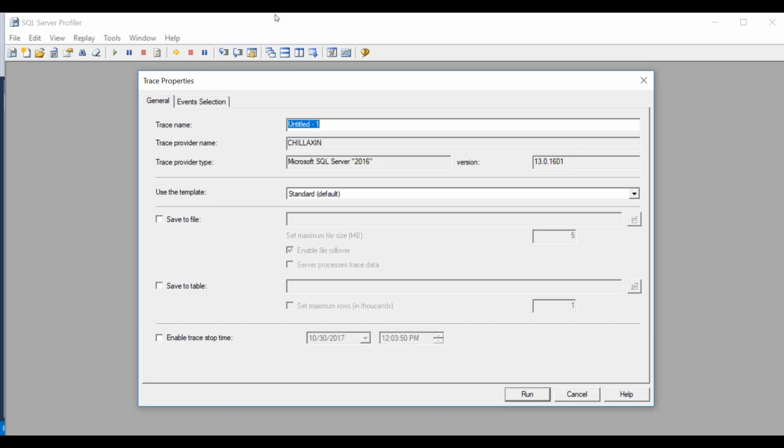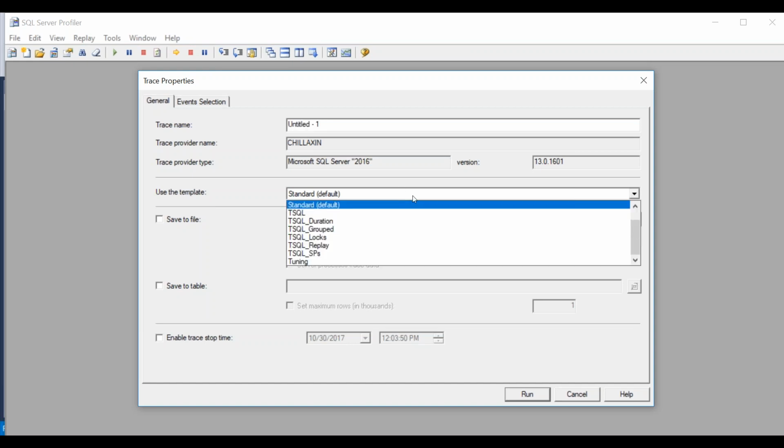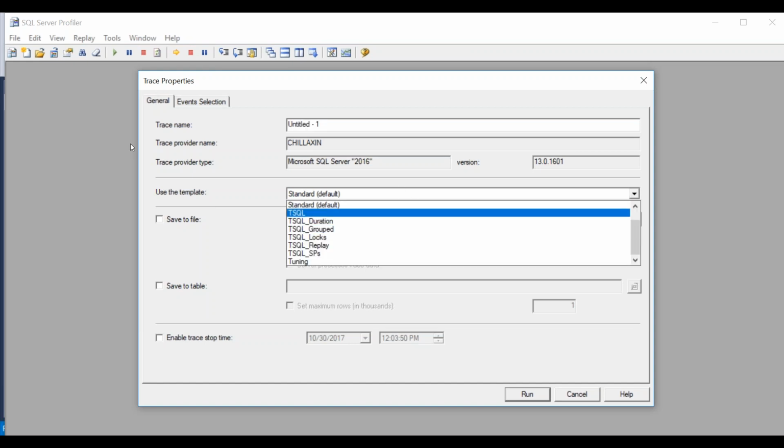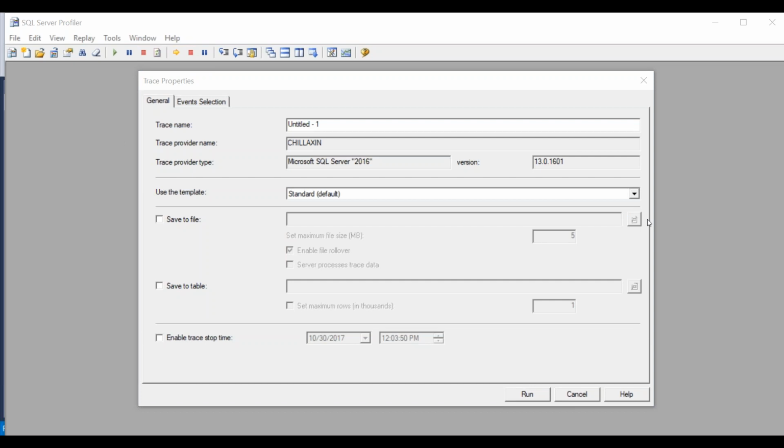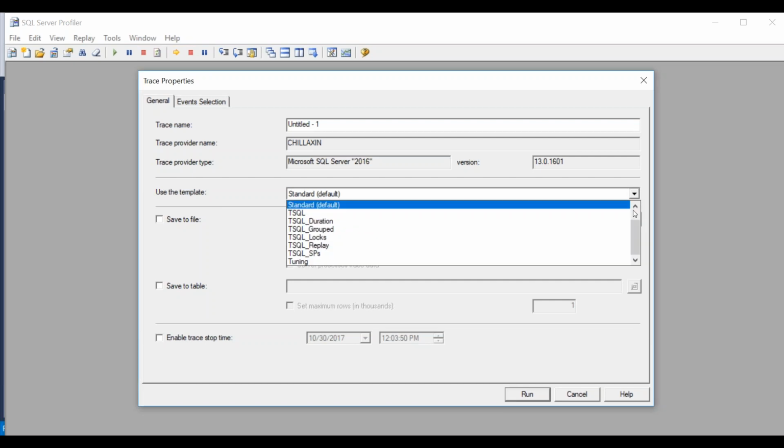because I can start by creating a trace, and I can trace certain things. I can call my trace whatever I like, and then choose the template that I'm looking for. What am I tracing? What am I tracking in there? So I use the template of my choice.